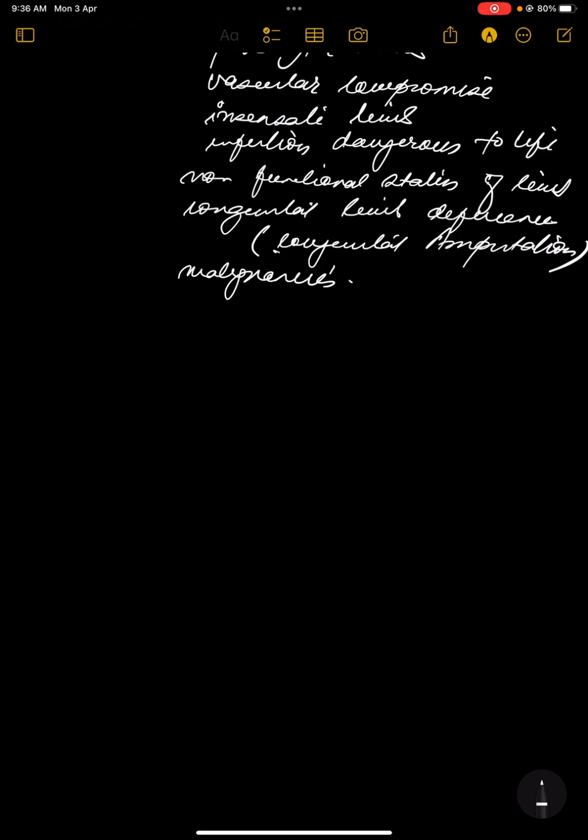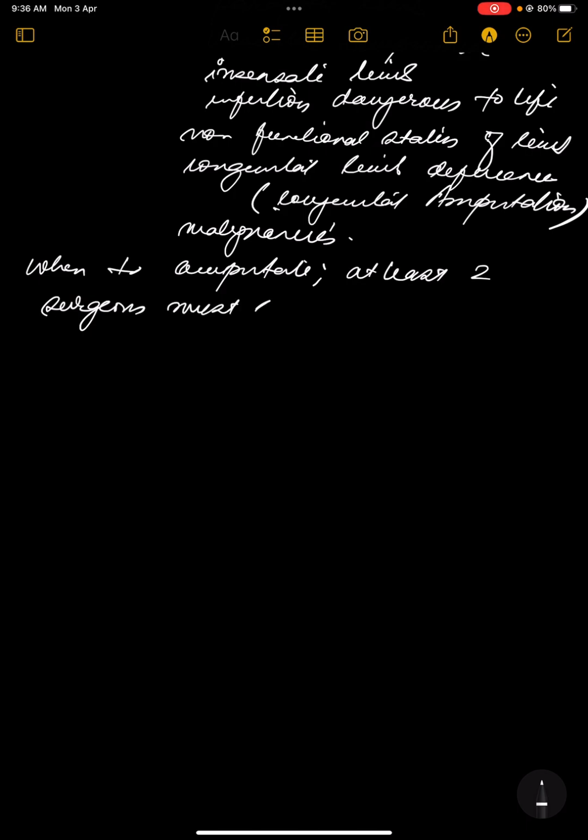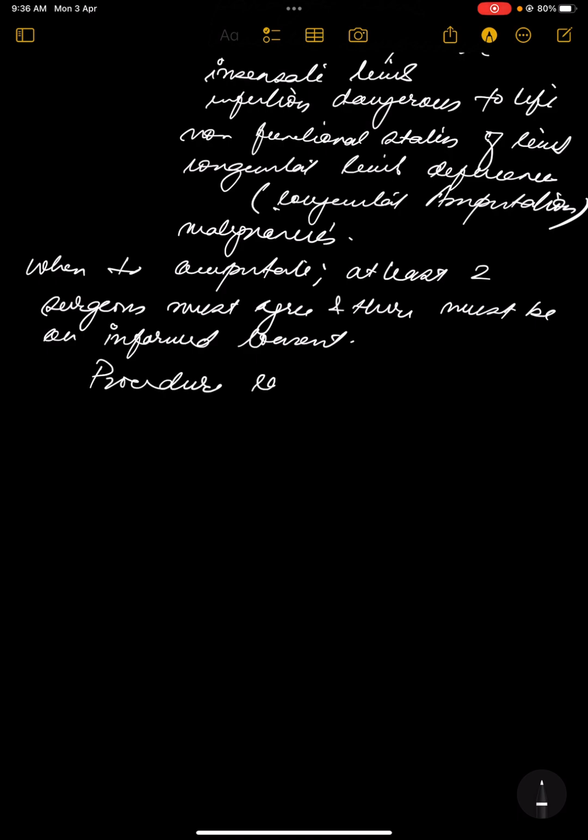When you decide to amputate in these conditions, at least 2 surgeons must decide. And there must be an informed consent. The procedure can be emergency life-saving or elective to improve function.